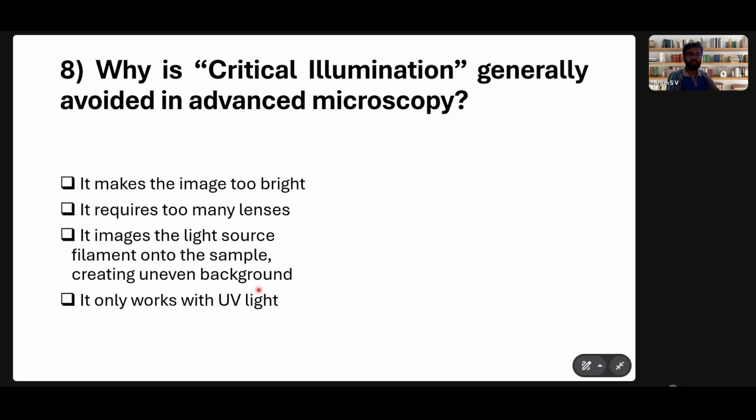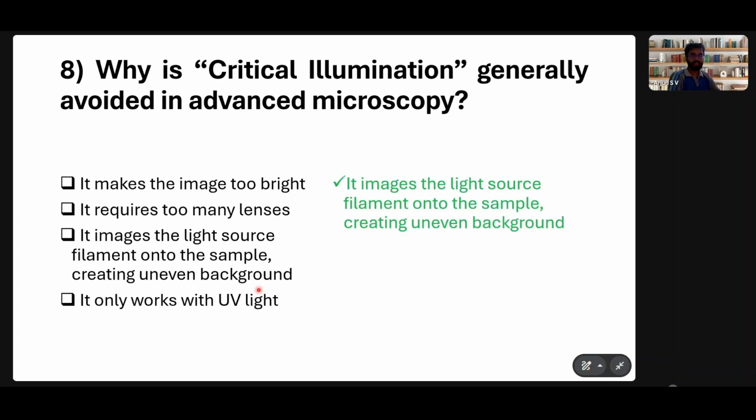Next question is, why is critical illumination generally avoided in advanced microscopy? Options given are: it makes the image too bright, it requires too many lenses, it images the light source filament onto the sample creating an uneven background, it only works with UV light.